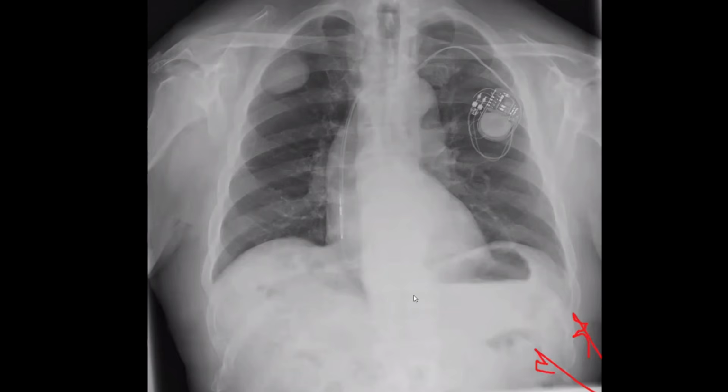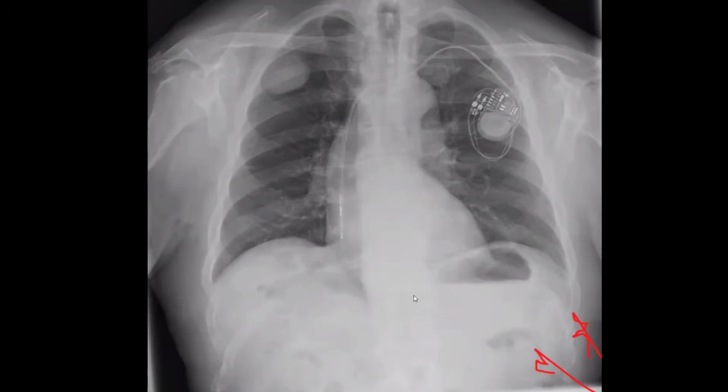I'm suspecting it's pleural based on the periphery and wide base. It could be a pleural fibroma. How can you be sure that this one is not pulmonary and is pleural in origin?